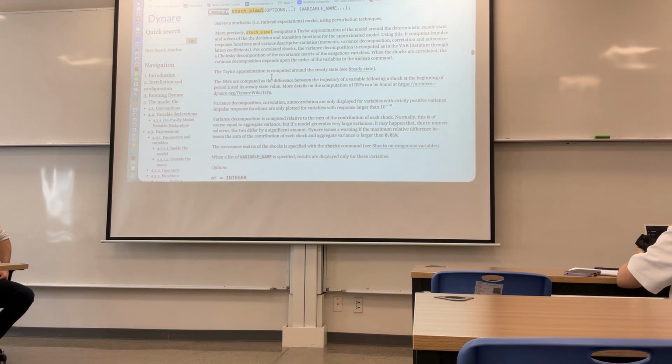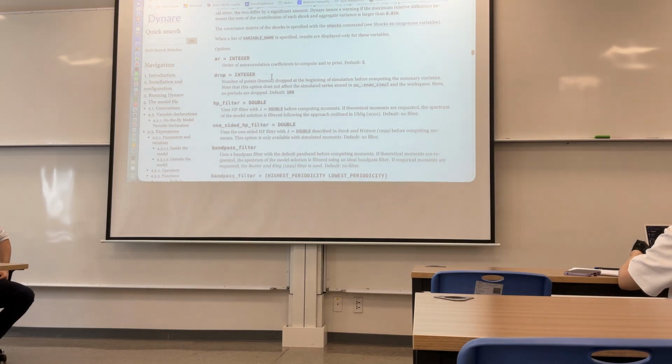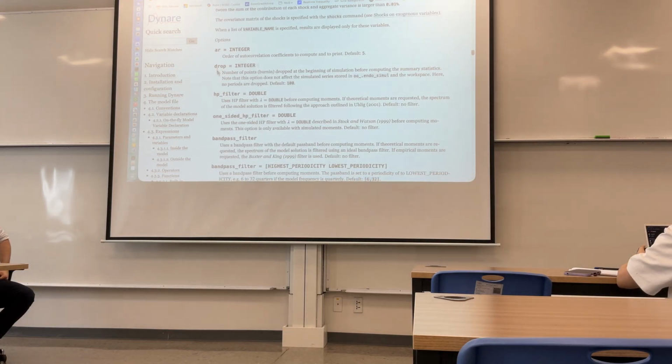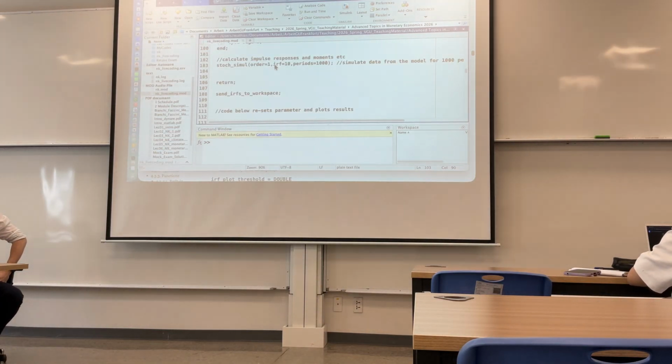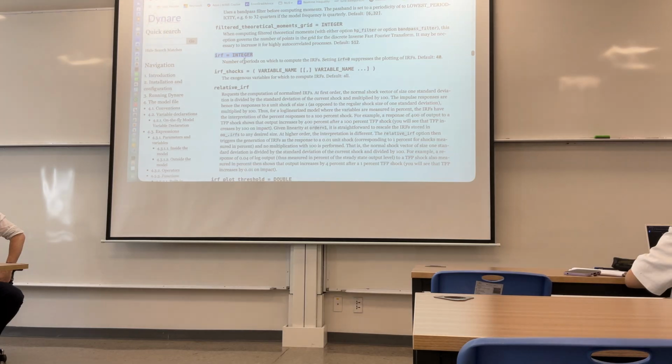And then you'll see a description of what it does, and here are all the options that you can put into the parentheses of stoch_simul. Right? And we have been using, for instance, irf equal 10. This is an option in stoch_simul.